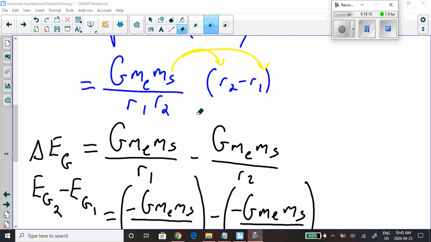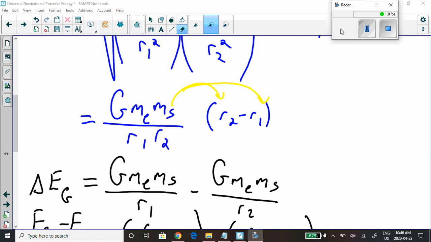What are we going to do next? Well, next we're going to do some distributive multiplication. We're going to take this term that we just came up with and multiply it onto the R2, and then multiply it onto the R1. All right, let's do our multiplying here. We're going to multiply into the R2.